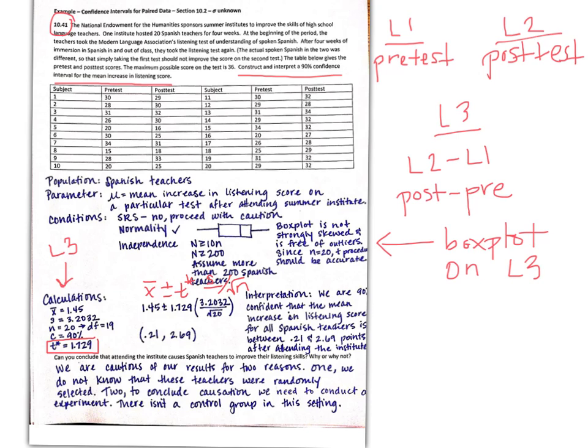There isn't a control group here. We haven't compared a group of teachers who weren't going to the Institute to see whether or not their listening skills just improved with a lurking variable of time in the background. So still leery of our results for a couple different reasons, but this is how those paired procedures work in general.